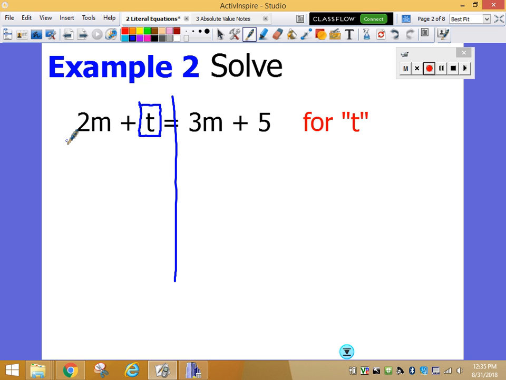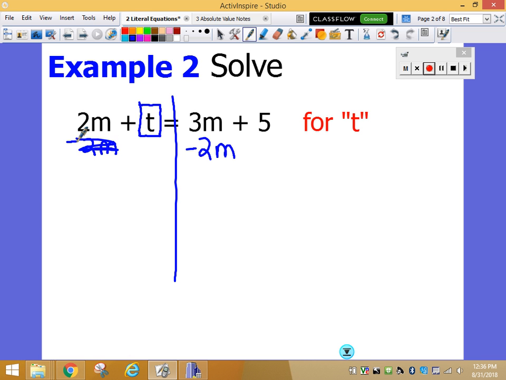Well, it's a positive, and the opposite of a positive is a negative 2m. Now, if you do it on the left, you do it on the right. I'm going to do minus 2m. Take a second. Why would I line it up under the 3 and not under the 5? Hopefully you realize because the 3 has an m, and I can only combine an m with another m.